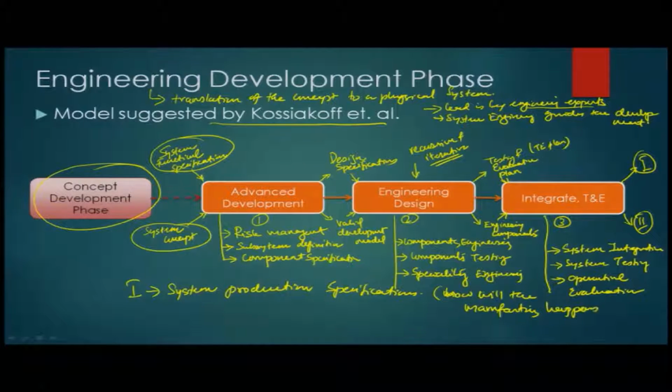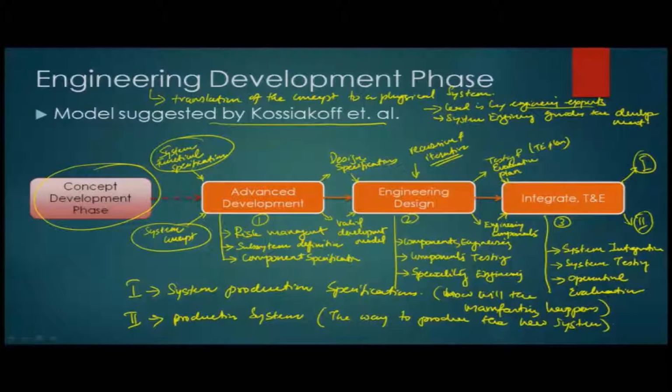How will you produce the system? Okay. Output 2 will be the production system itself, the way to produce the new system. So these are the two outputs of the engineering development phase.